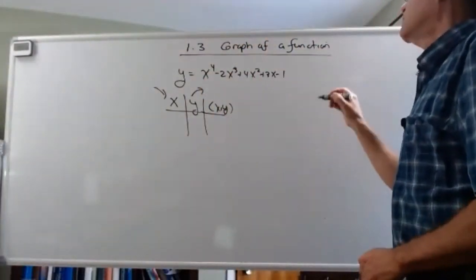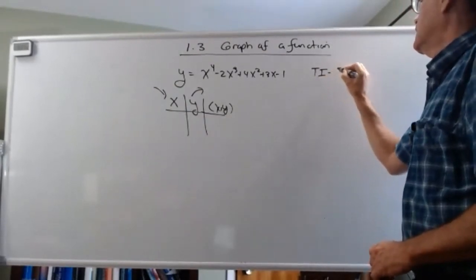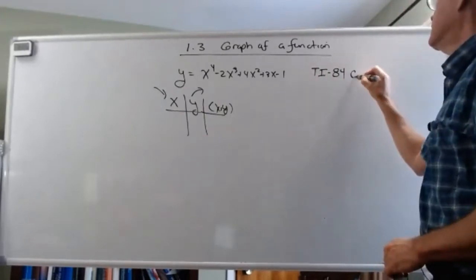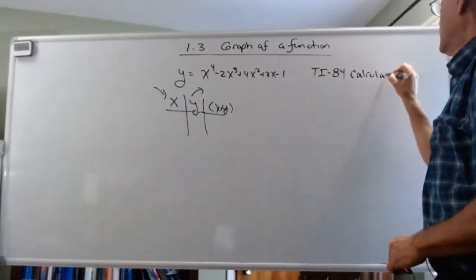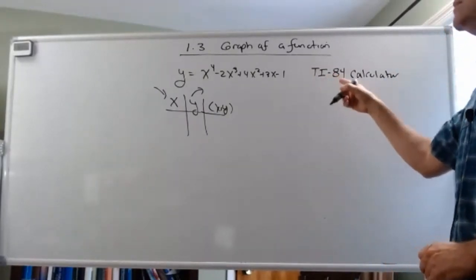The two technologies we're going to look at: one is our TI-84 or any other version calculator. Now this is something you'll be using on a test, but we also have a number of other things.